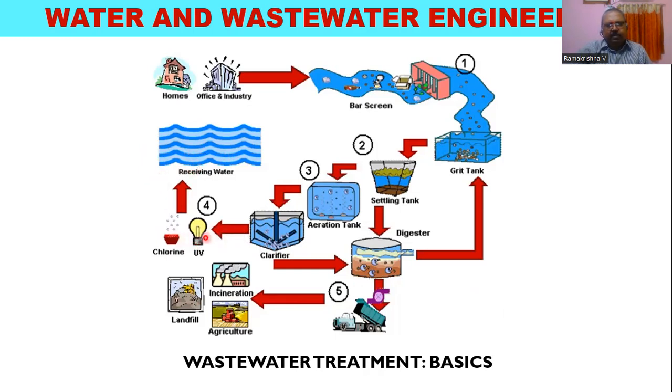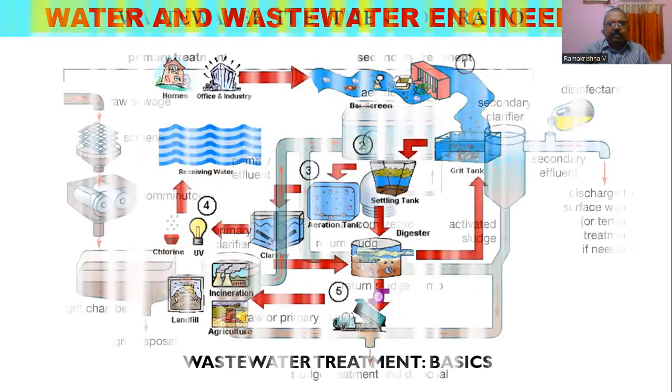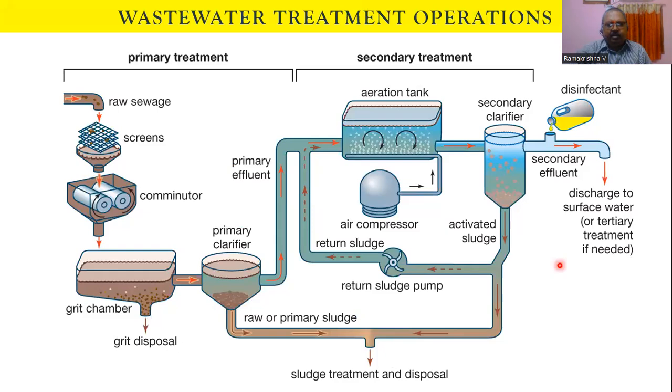Sometimes we also give a disinfection process if necessary, and subsequently we send it into a receiving water body. Now in this slide, we are talking about the different classifications of the treatment system.